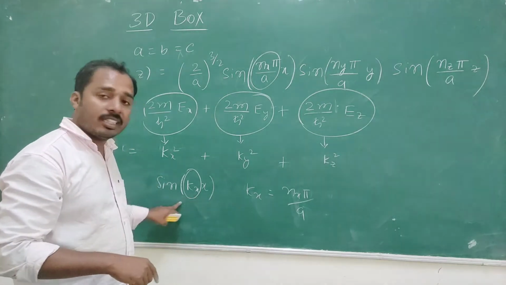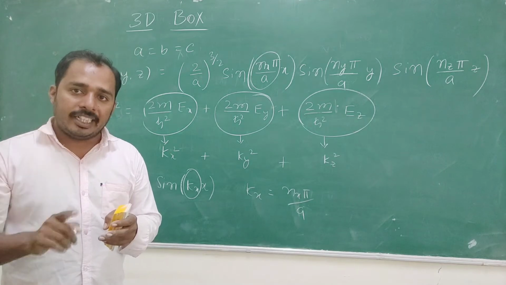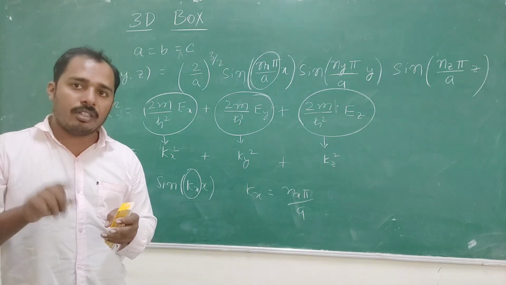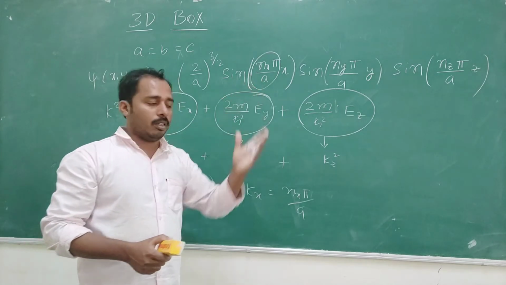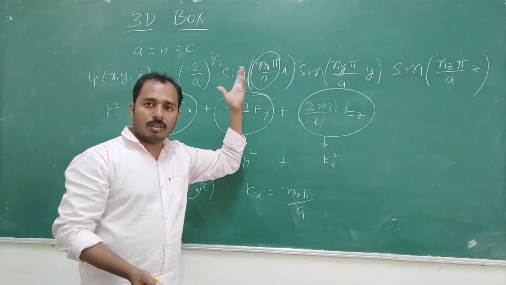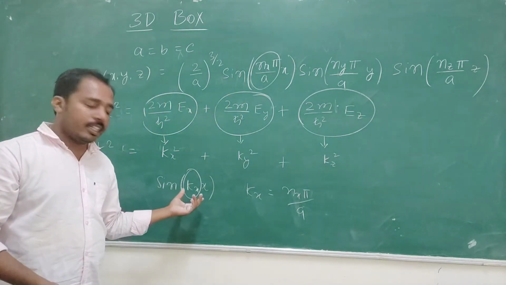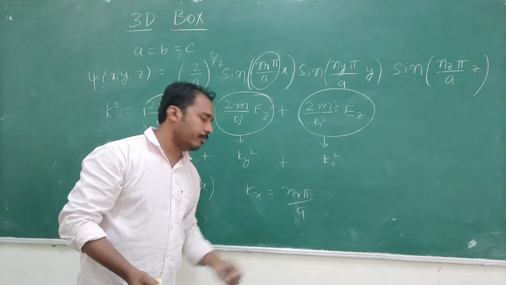So this is the solution for the particle inside the 3D box after the boundary condition, x is equal to 0 and x is equal to a. Before the boundary condition, we have this one: Kx is equal to nx pi divided by a.